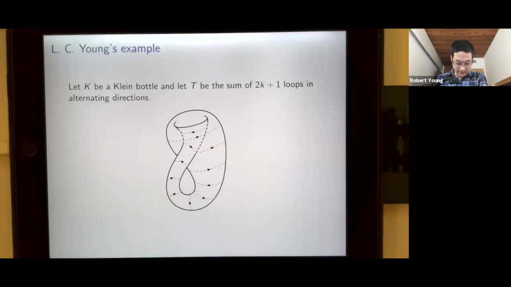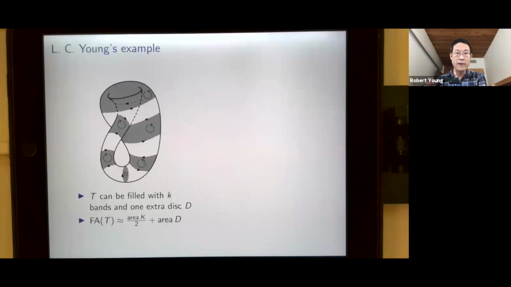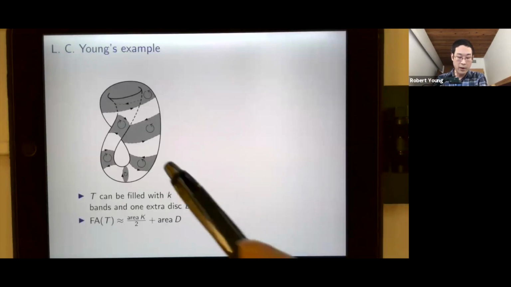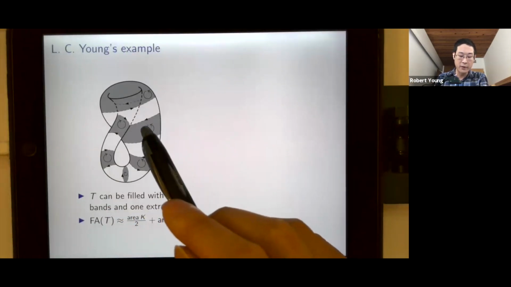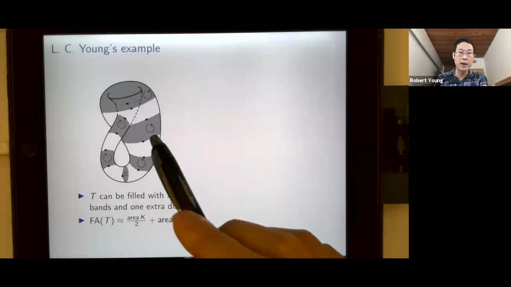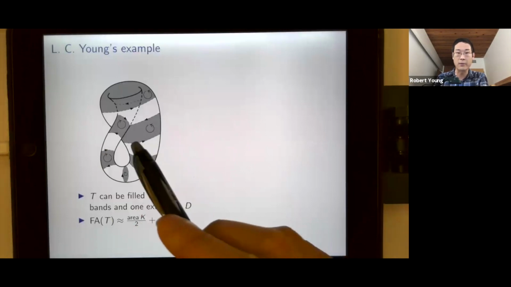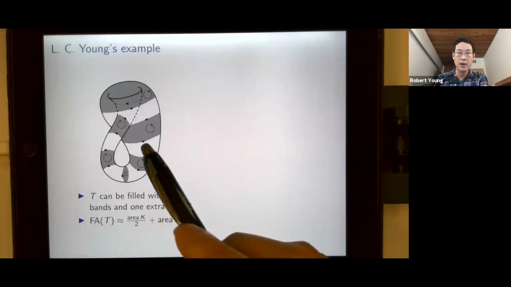We can have these alternate all the way around, right? So if this is our curve, then what does the minimal filling of this curve look like? Well, whenever we have 2 loops like this going in opposite directions, we can fill the area in between them with a cylinder, with a band like so.